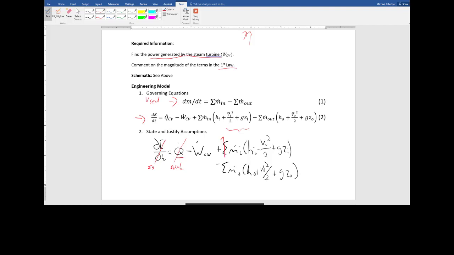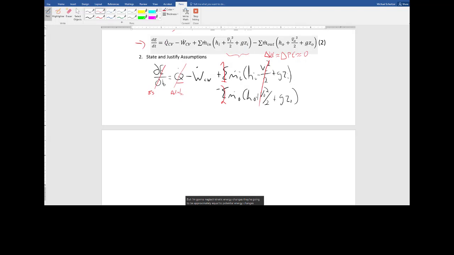There's only one inlet, but there's two outlets, so those matter. But I'm going to neglect kinetic energy changes. They're going to be approximately equal to potential energy changes, which is approximately equal to 0.